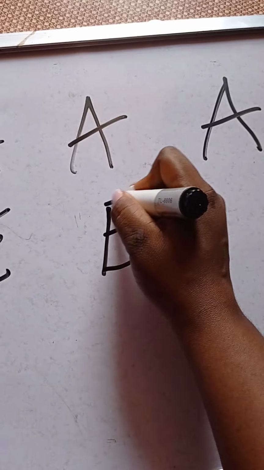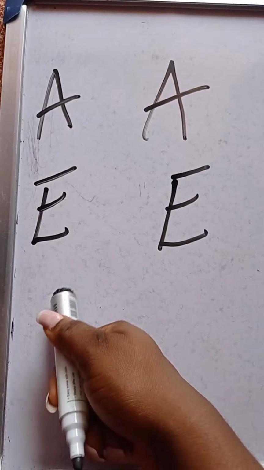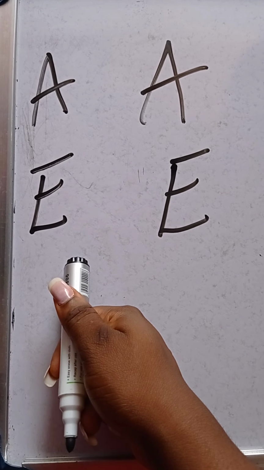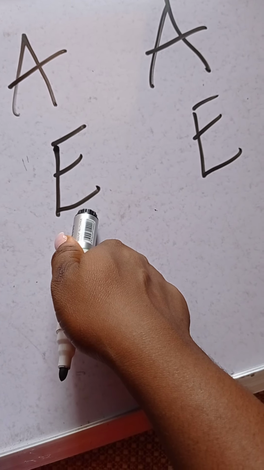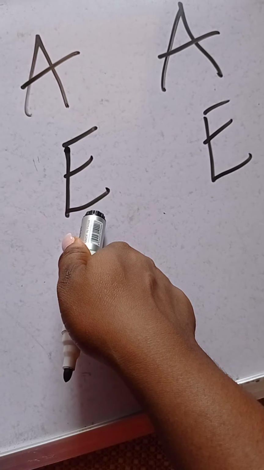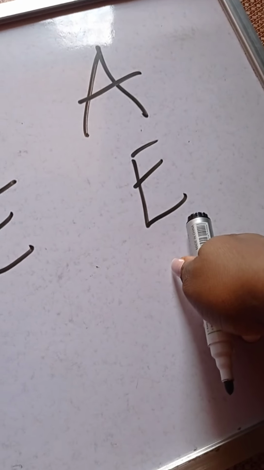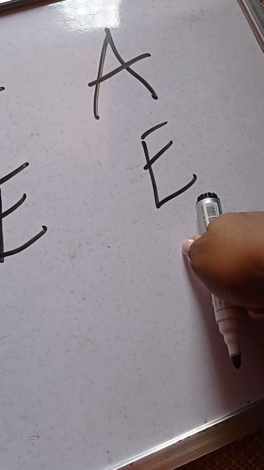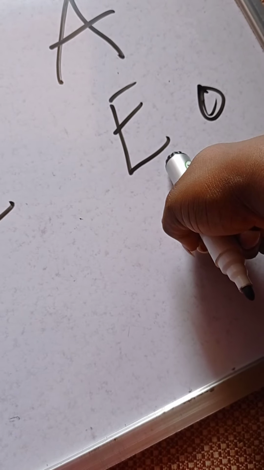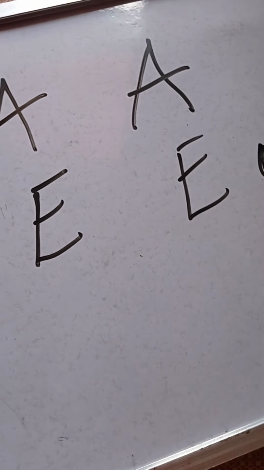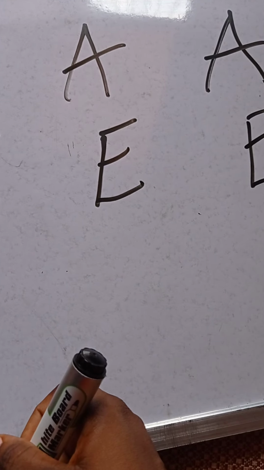English, Igbo, French, letter E, Igbo, French. I didn't say letter O, but they almost sound the same. So, every language has their own alphabet. They may look alike, but they write it differently.